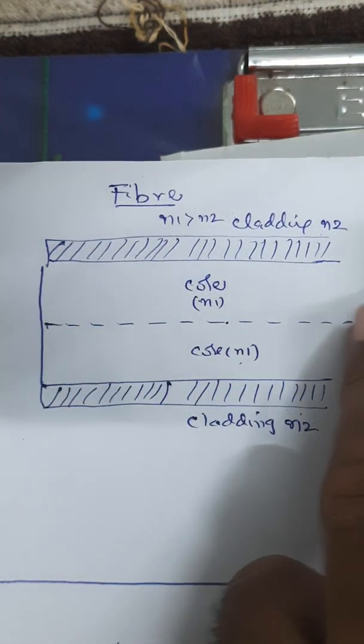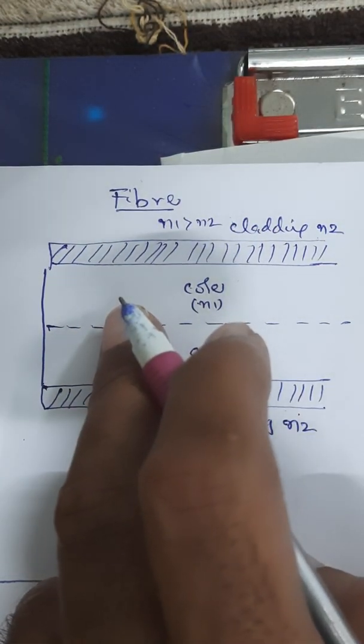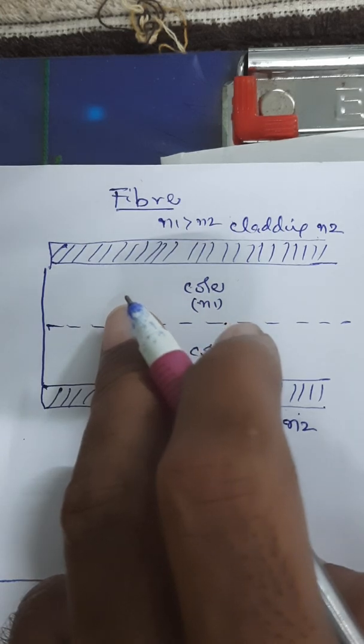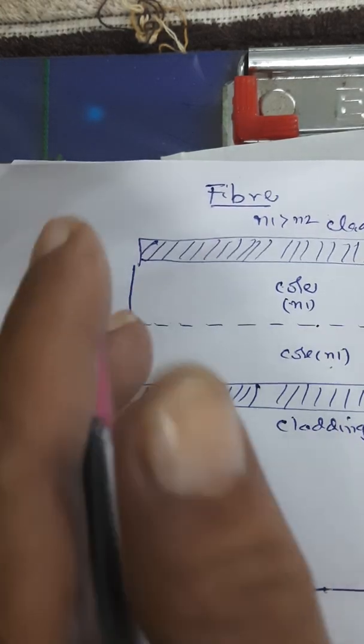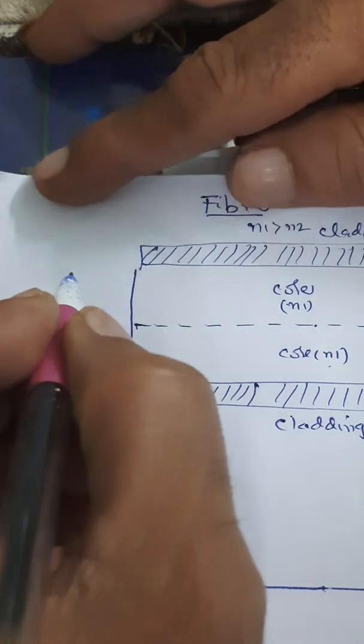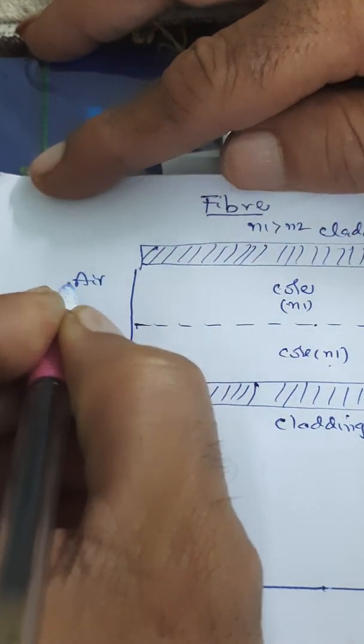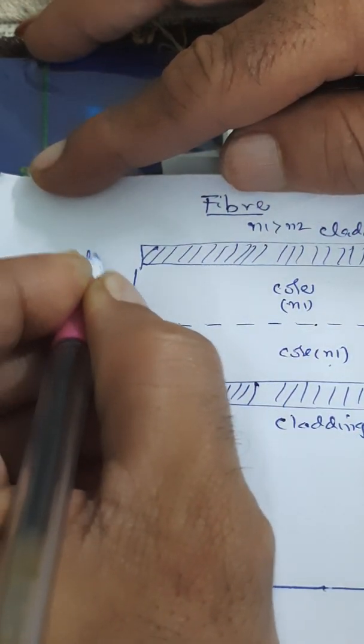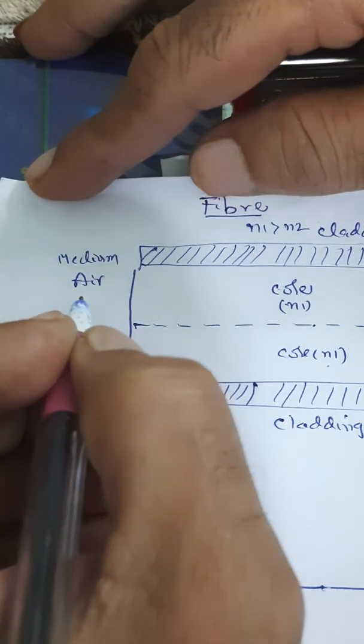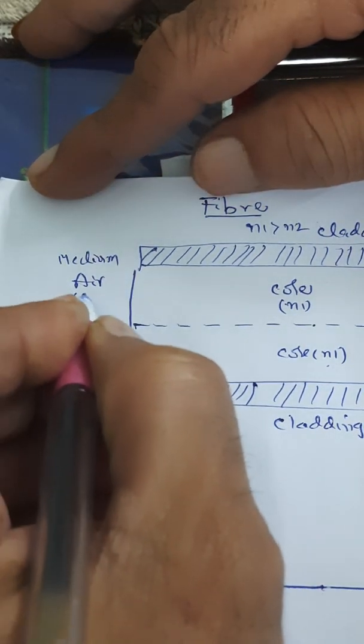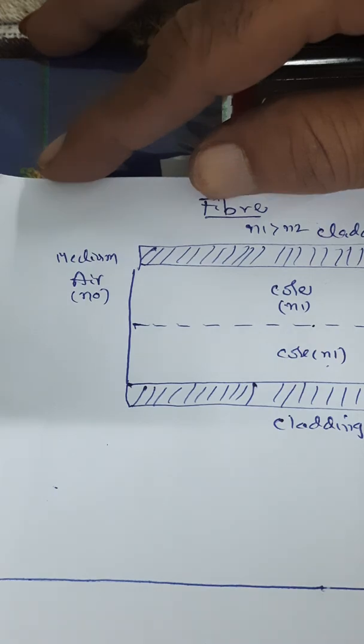The center one is the optical fiber axis. Let us suppose that fiber is in, let us say, air medium. Therefore, let its refractive index be N0.